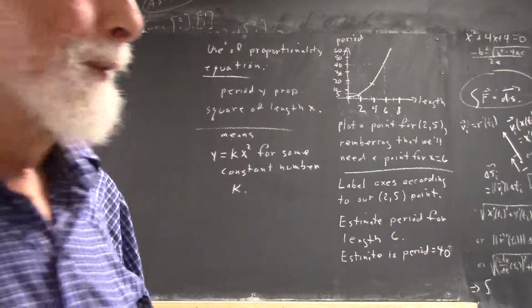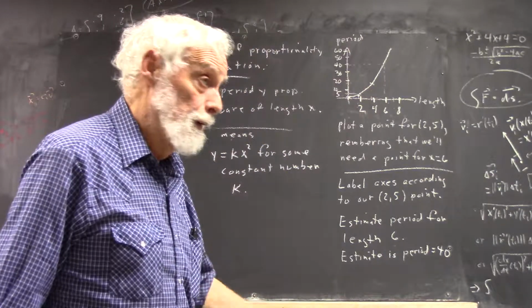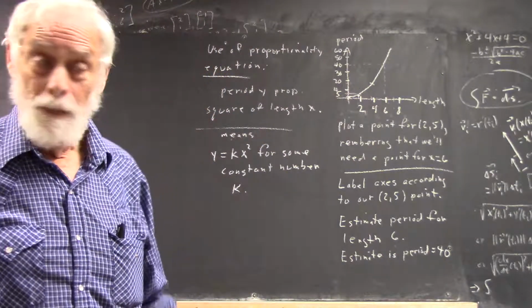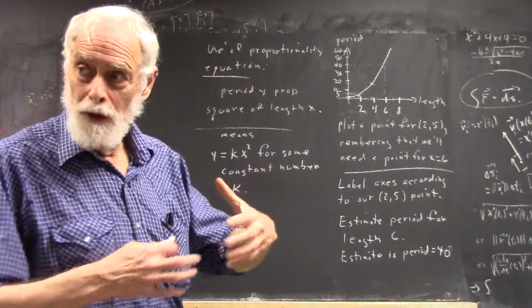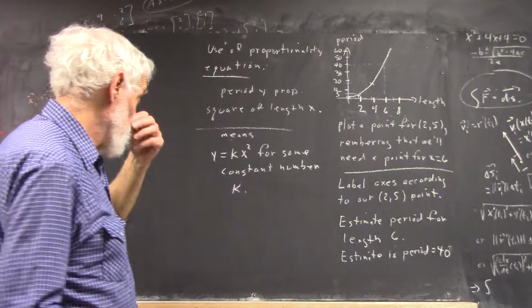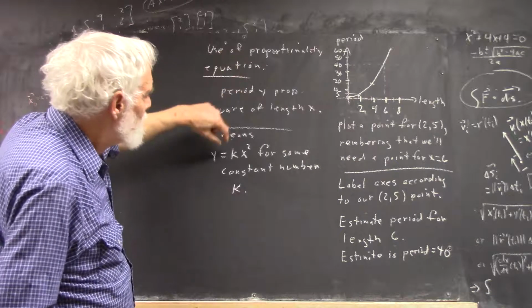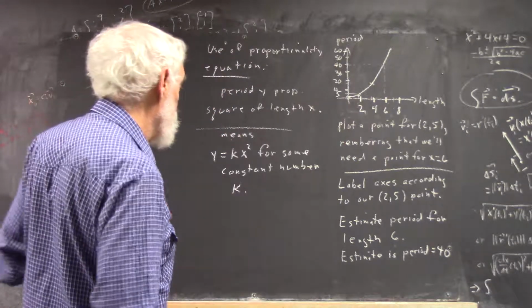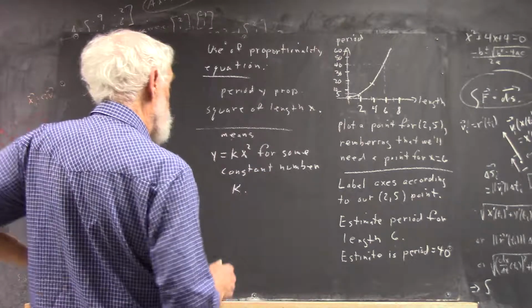Now you've done this, and people did this in homework and fundamentally did it right. But you're probably just doing it by rote. Right now you want to remember what you did. Hopefully those neurons are firing a little bit. Maybe you understand totally. Some of you probably do. But if it's a little fuzzy, make sure you lock it in. Okay, y equals kx squared for some constant number k.